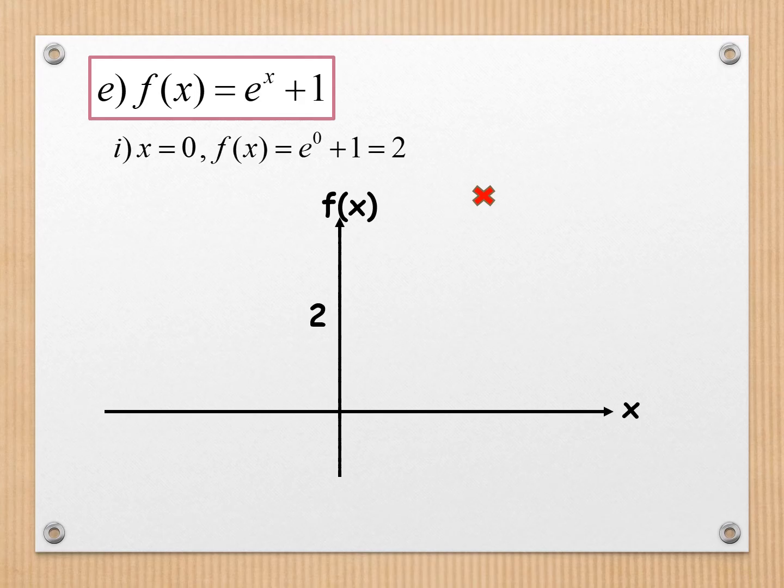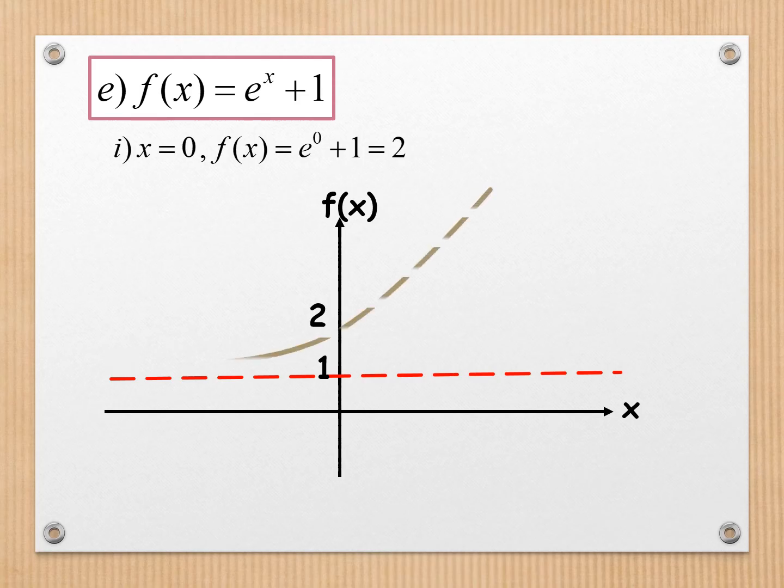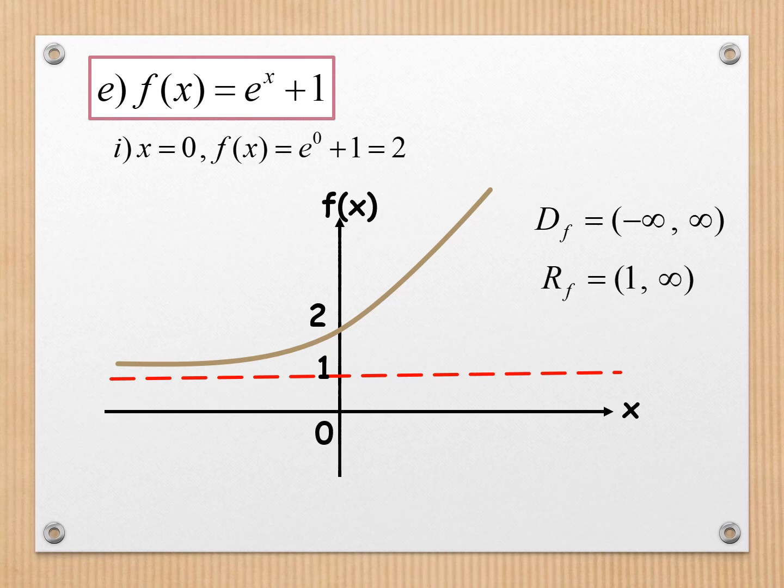So we plot near the horizontal asymptote y equals 1. Then we connect these three points, and we get the graph like this. So this is the graph of f(x) equals e to the power x plus 1. From this graph, we notice that the domain is negative infinity to infinity, and the range's lower bound is 1, not including. So the range of f is 1 to infinity.